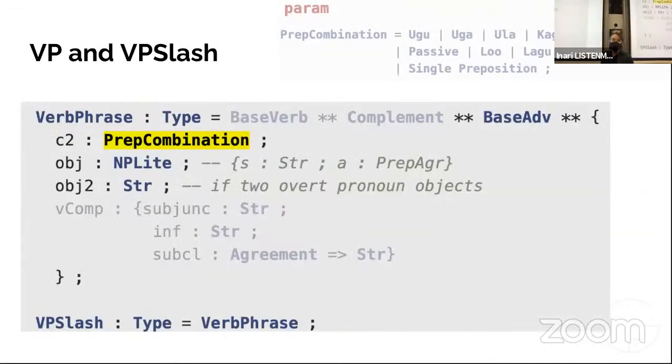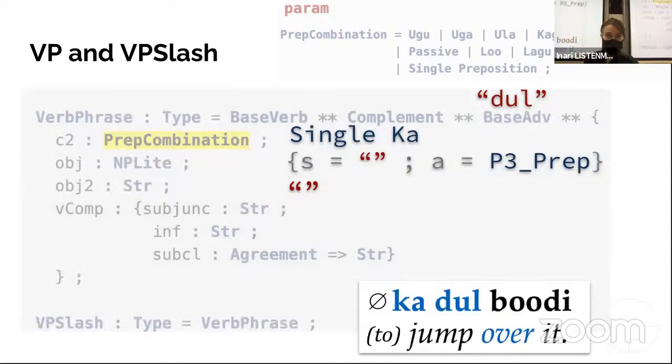I'm going to ignore a bunch of fields here and just look at the ones relevant for the adpositions. This is where we now have a combination instead of a single one. Again, a concrete example. Now we have constructed to jump over it. The ka comes from the adverbial over it.